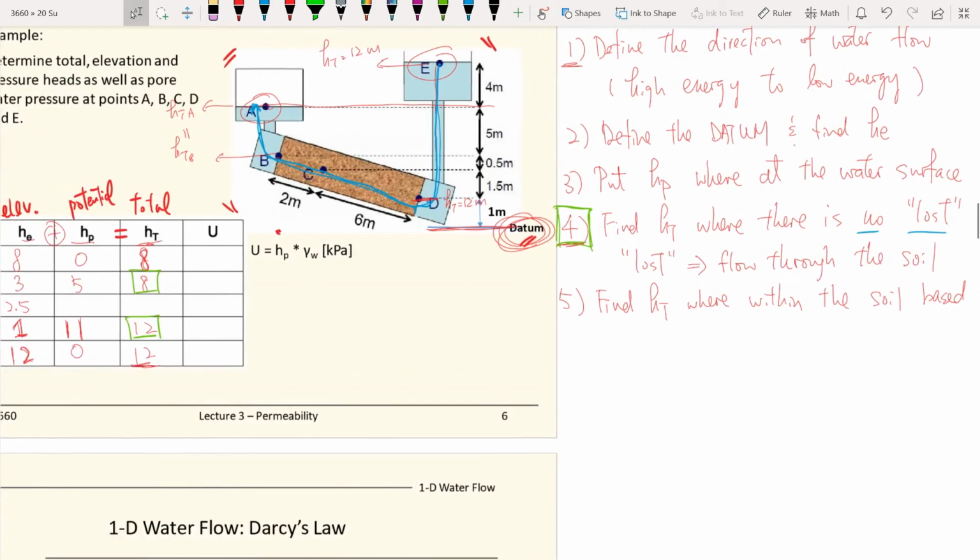Which means here we know that at pond D we have a total head of 12 meters. And also we know that at pond B we have a total head of 8 meters.